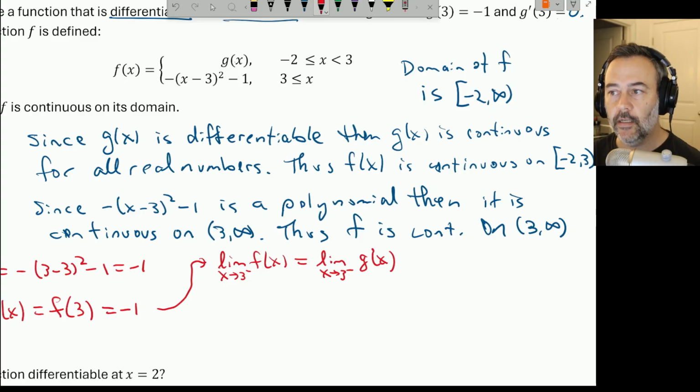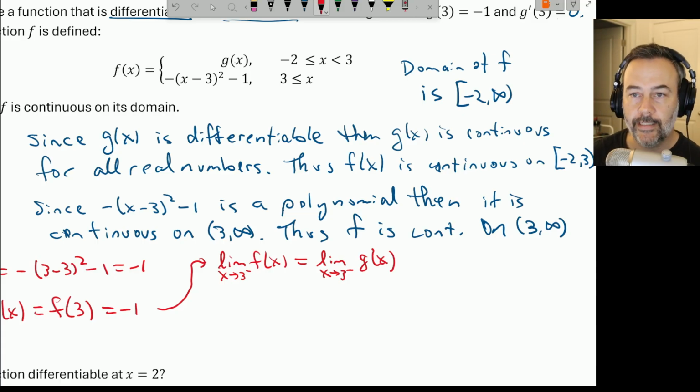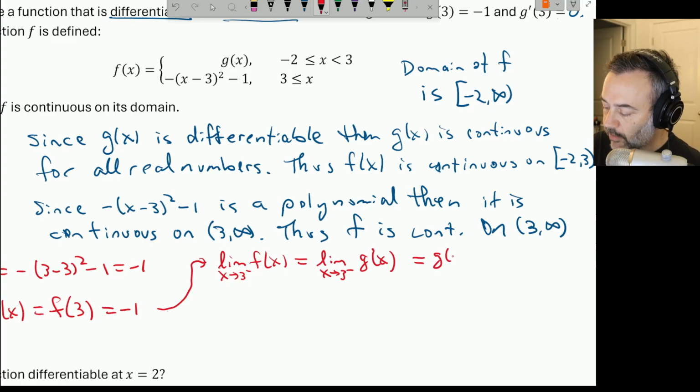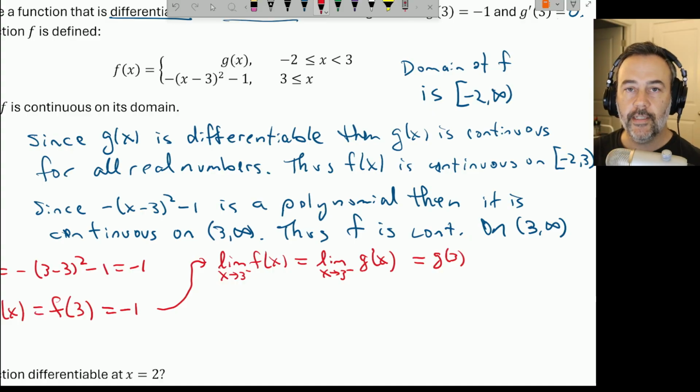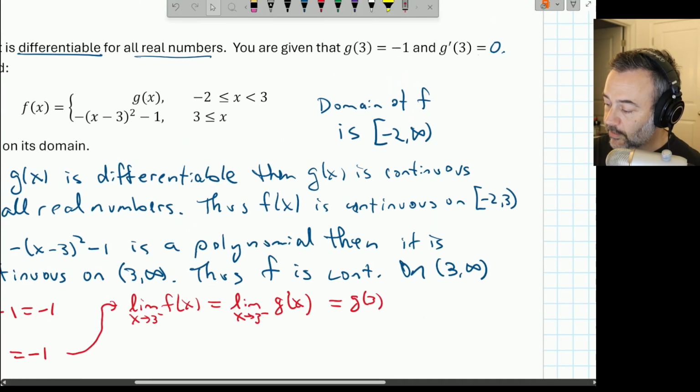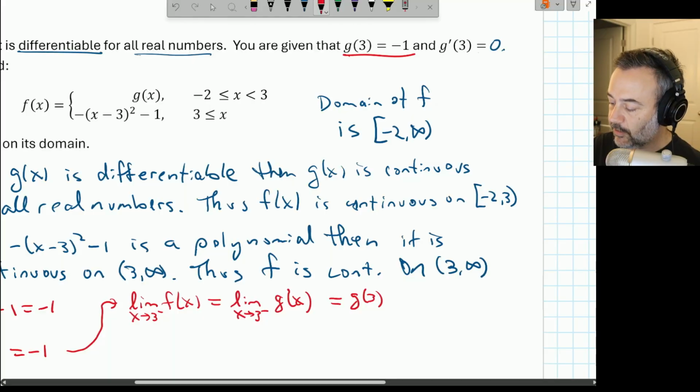Since g is continuous, the limit already exists. It's continuous for all real numbers, so g is continuous at 3. So this is just g of 3. When a function is continuous, you can do direct substitution on the limit. So that is just g of 3, and they told us in the setup that g of 3 is -1.